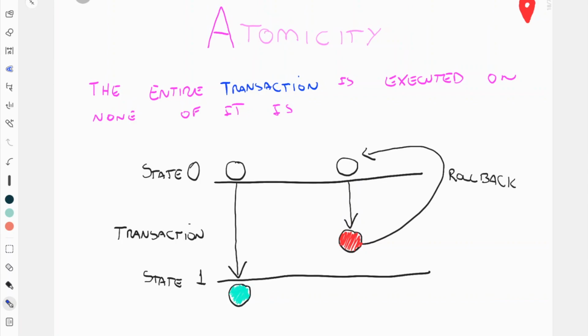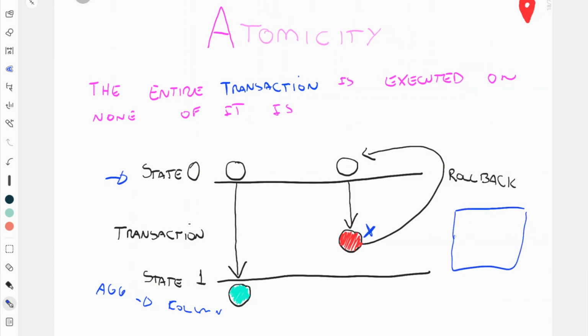The entire transaction is executed, or none of it is. You can see here that you have state 0 and state 1, and let's say this is an aggregation of your data, transforming into a new column. If the transaction starts and some error happens here, you don't get half of your table.